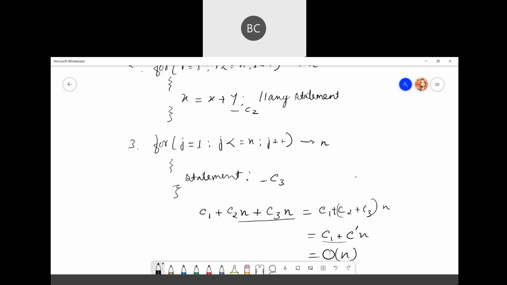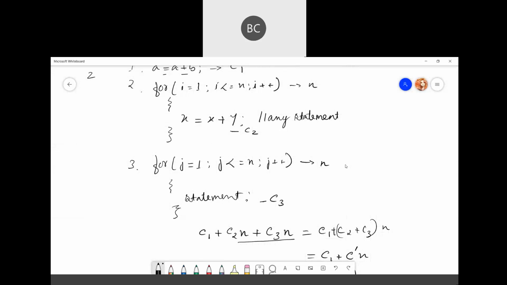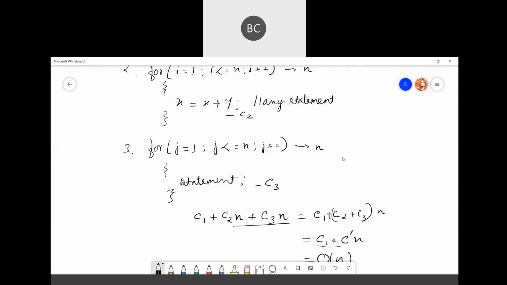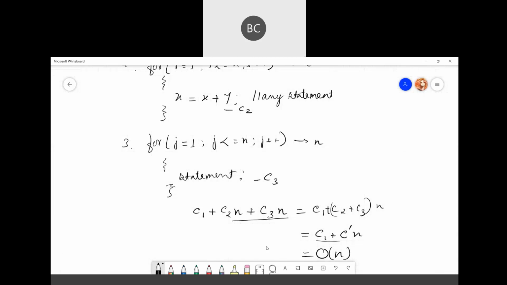So in your program, if you need to find the running time, you have to add up the running time for each of the lines, each piece of code. The first line will take constant time. Here I have another for loop, which will take another constant term.